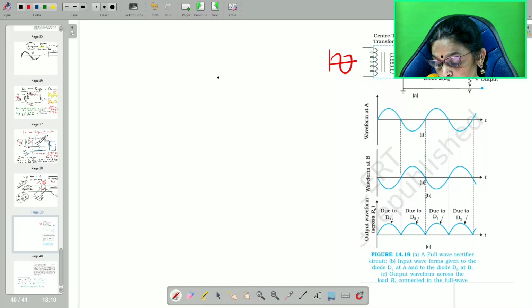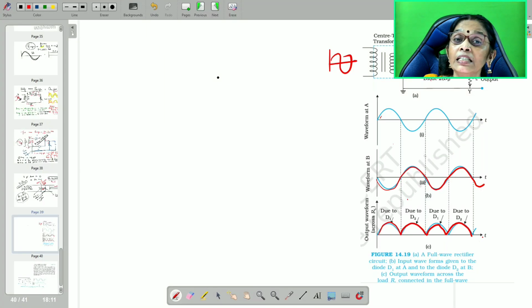This is a full wave rectifier, with A and B, the output here, the waveform of A and the waveform of B. They have shown the negative half cycle here, but I have not shown it. So this is the positive half cycle and the negative half cycle, and in both half cycles you get an output here. Hence the output frequency is double the input frequency: nu output is equal to 2 times nu input.